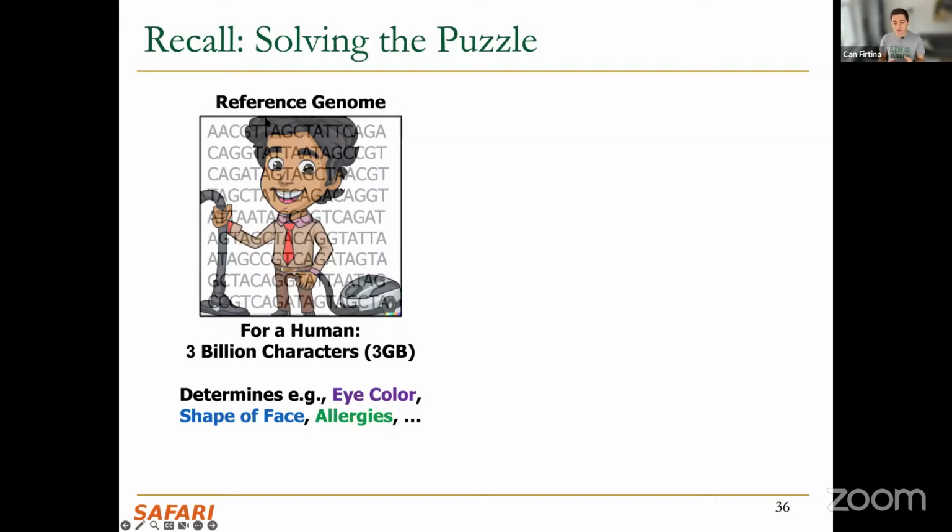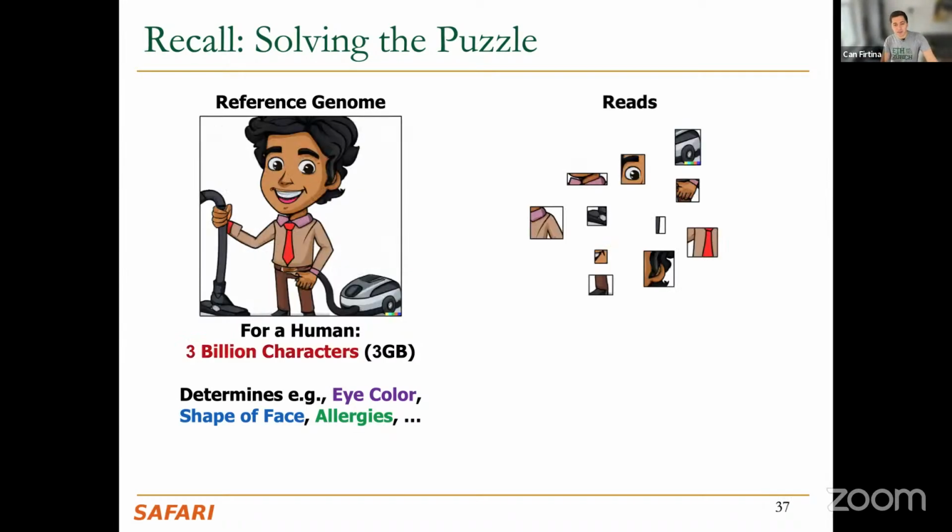But essentially, it is not representative of the entire population of the human species. It's only representative of certain individuals, and it may differ from individual to individual, but we're still using this particular reference genome to identify the differences of reads compared to it.